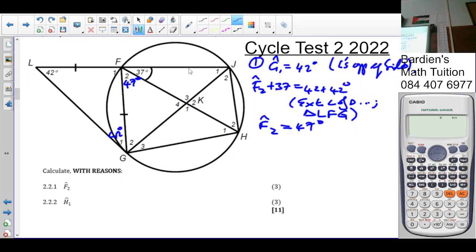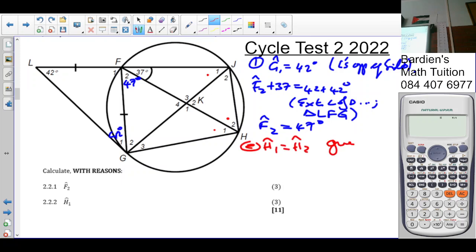Then they want to know H1, the size of angle H1. H1 is equal to H2, that's my mistake. So H1 is equal to H2. Why?